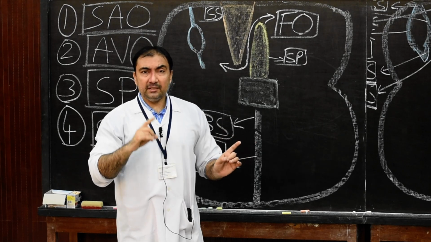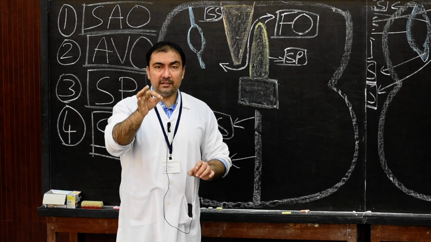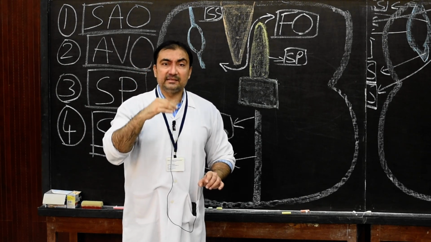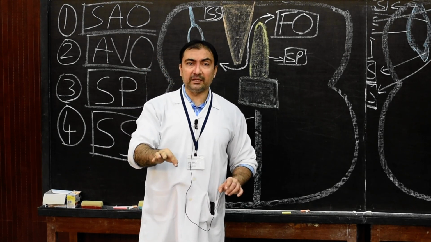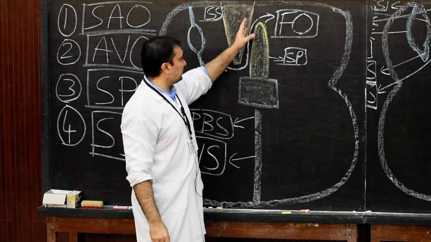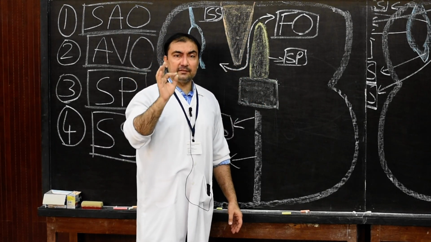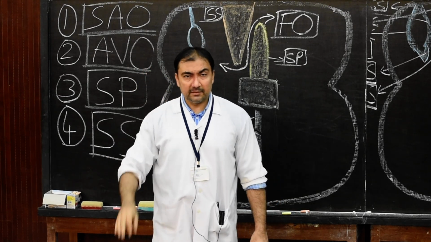In the first stage, septum primum will develop in the 5th and 6th week. Septum secundum will develop in the 7th week, and by the time of the 7th week, the entire interatrial septum will develop. This is our development of the interatrial septum. Thank you very much.